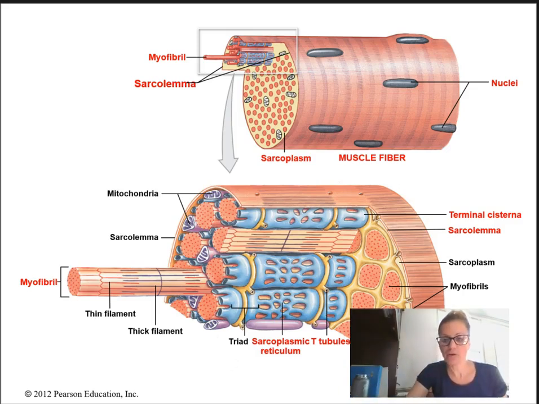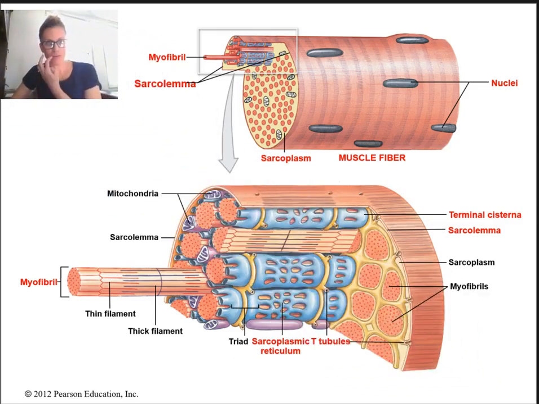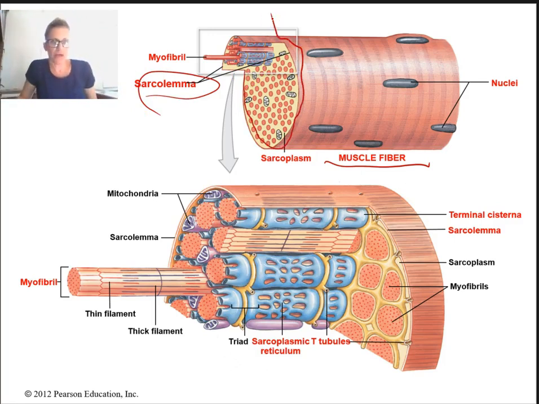Okay, so here we can see everything a little bit better than my drawings. This up here is just showing us the muscle fiber. Remember the sarcolemma is the cell membrane. So the membrane all around the outside, just like any other cell membrane, it's a phospholipid bilayer, surrounds the whole outside of the muscle fiber.